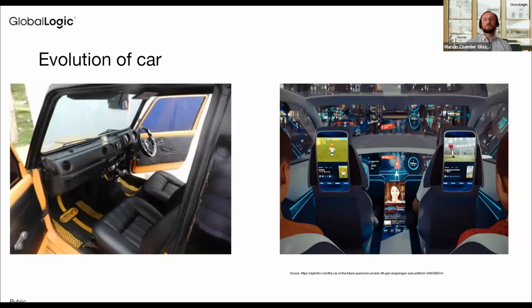All those new functionalities will boost the share of added value by electronics and software in the vehicle to 65% in the next 5 years. So the benefits will move from just selling the hardware car to selling the software. All we see right now on the market is moving from hardware selling to software selling.